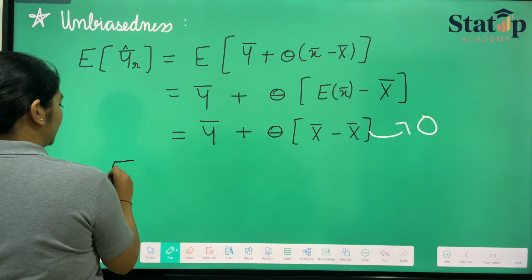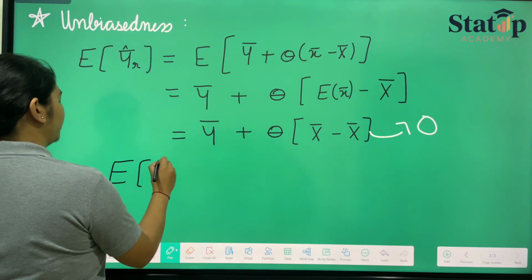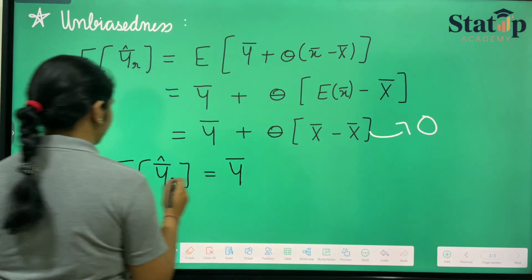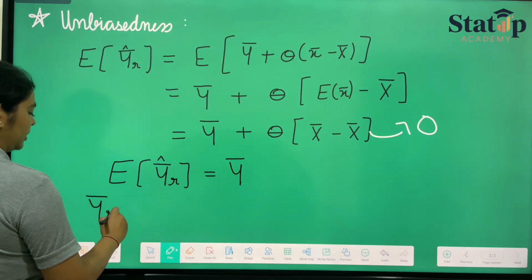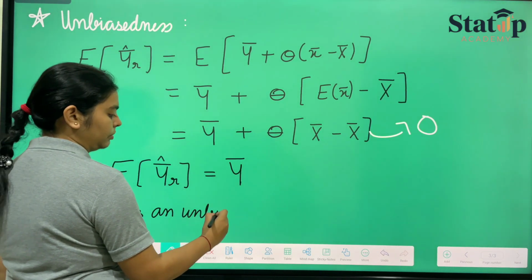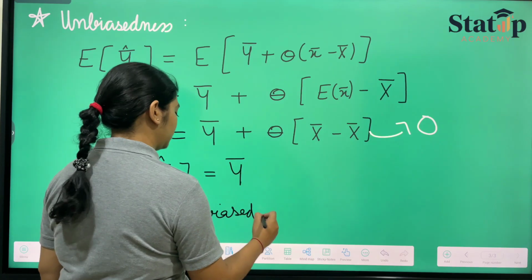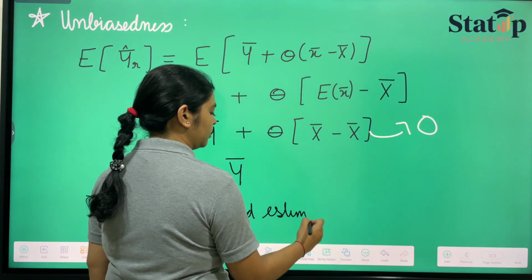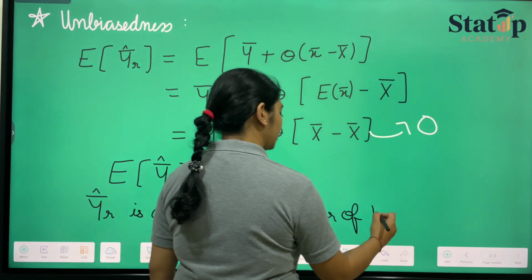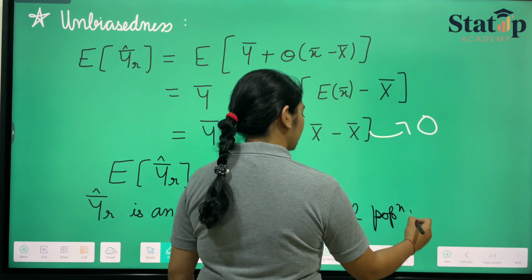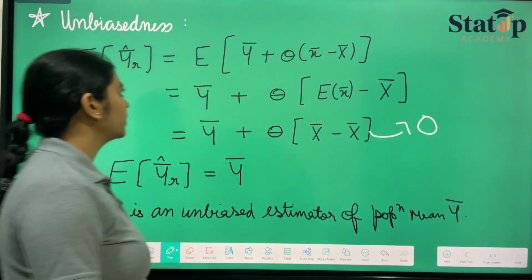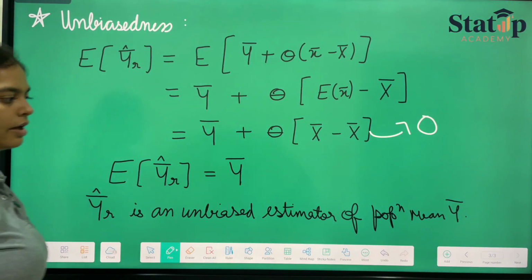So our estimation of mean of regression estimator is equals to population mean, and hence we can say that mean of regression estimator is an unbiased estimator of population mean. So it is unbiased estimator, we have proved.